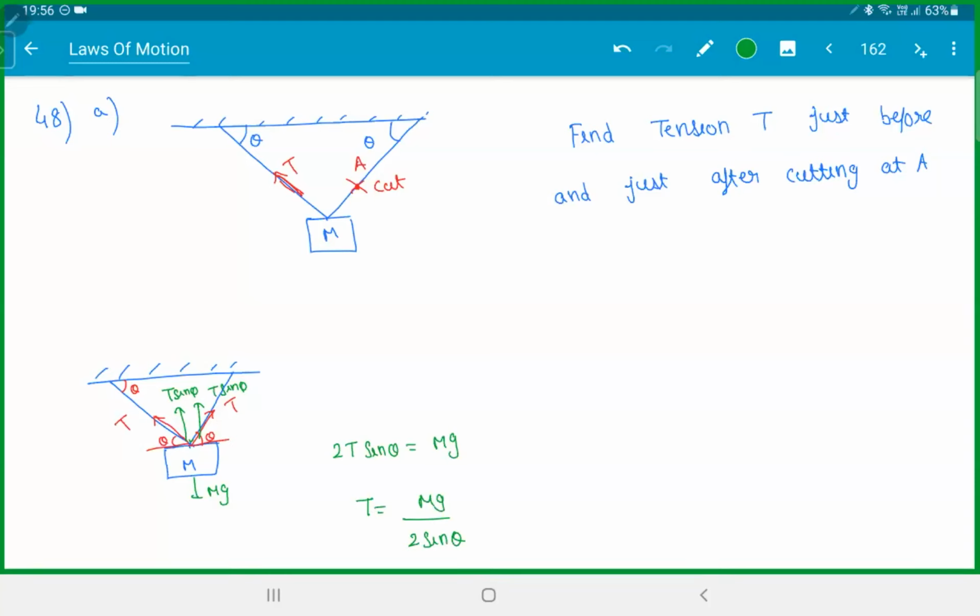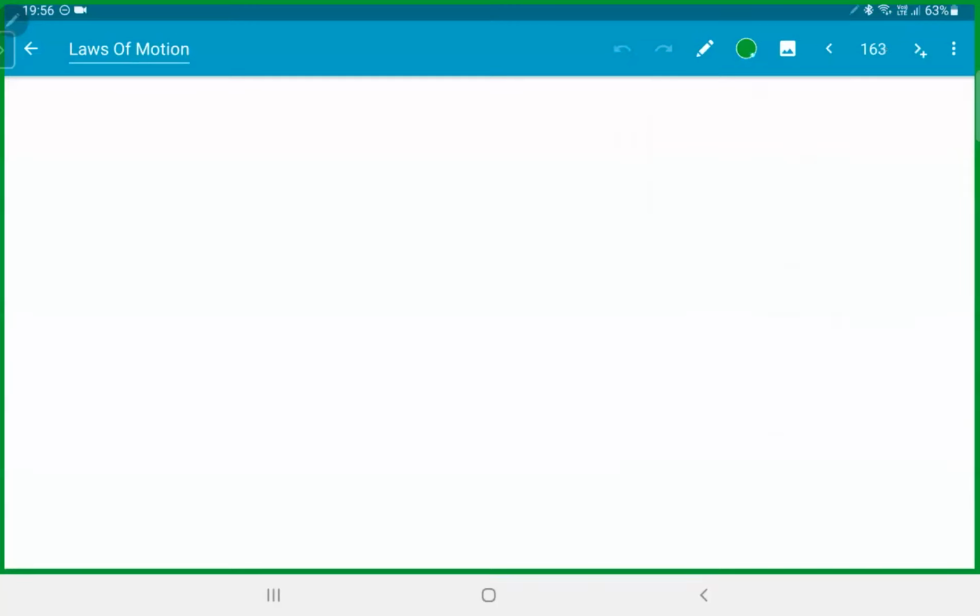Now, after cutting, this is how the block looks. This is still theta. This is still theta. Now, this is what people do, okay?